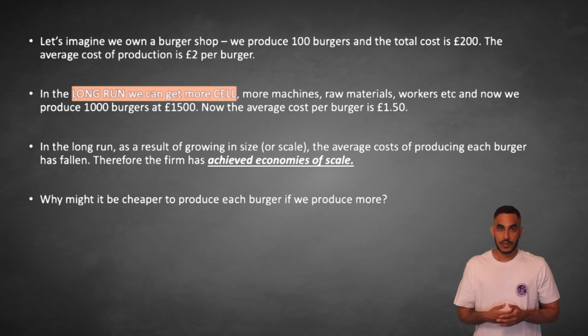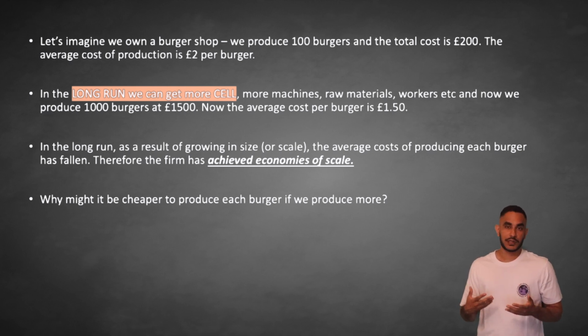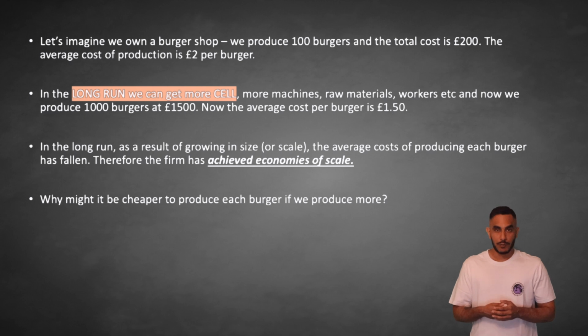In the long run, we can get more capital, enterprise, land and labour. This means that we can increase the scale of production to 1,000 burgers, for example. Now it might cost us £1,500 to produce these 1,000 burgers. If we calculate the average cost now, we will see that it will be £1,500 divided by 1,000 burgers, which will give us £1.50 a burger.